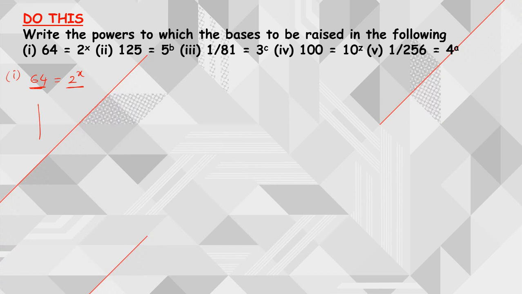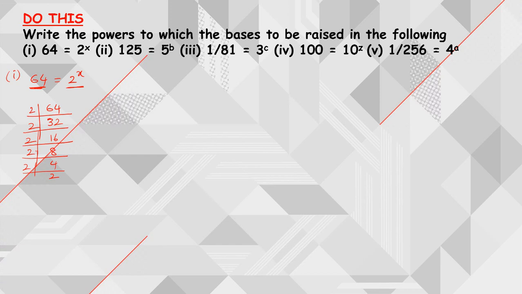For that I need to do the prime factorization. 64 I can write as 2 into 32, then 2 into 16, then 2 into 8, again 2 into 4, again 2 into 2. Totally how many 2's did we get? 1 2 3 4 5 6.